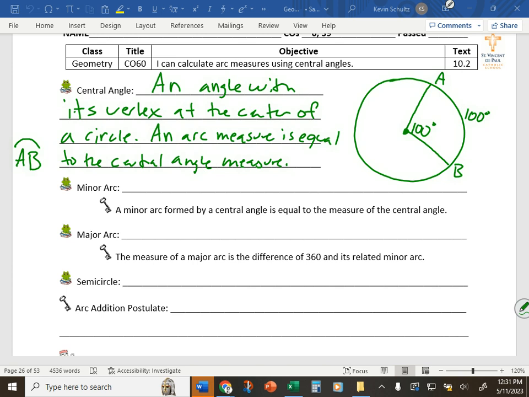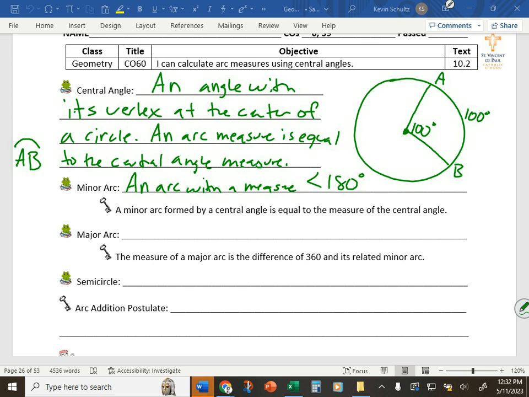Just like with acute and obtuse angles, an acute angle being less than 90 and an obtuse angle being more than 90, we have minor arcs and major arcs. A minor arc is an arc with a measure less than 180 degrees, that being half of the circle.